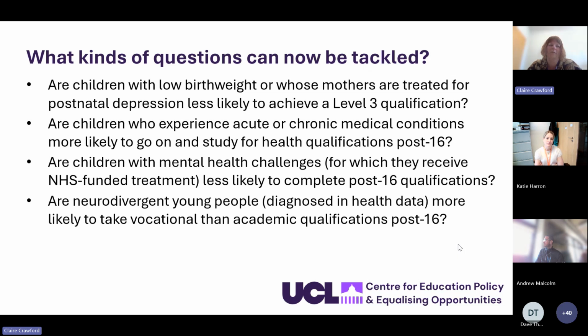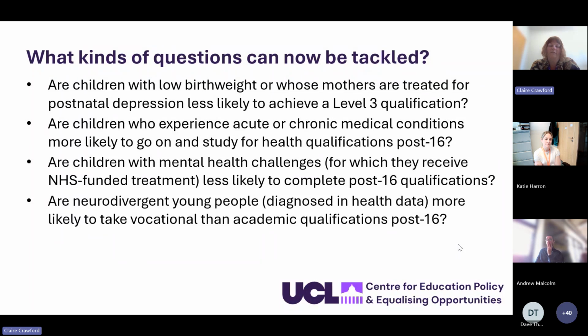Maybe they've been treated for postnatal depression, and you're interested not only in what those children's outcomes look like in school, which you can already do from the NPD, but you're also interested in their attainment beyond the school system, which might include level 3 vocational qualifications. So you would need the ILR in order to get a complete picture of people's qualifications at level 3, which might come through the school system or through the college system.